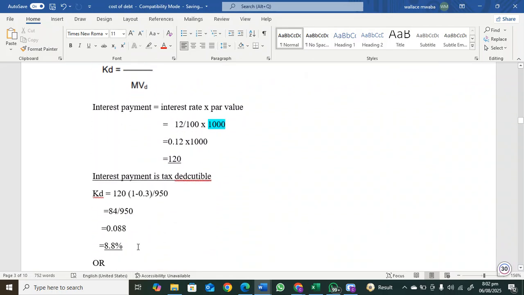Yes, 8.8%. Okay, interest payment is the interest rate times par value, 12% of 1,000, which is 120. Then 120, open brackets, 1 minus the tax rate, which is 30%, so 0.3, divided by the market price, 950. 120 times 0.7, you get 84. 84 divided by 950, you get 0.088.